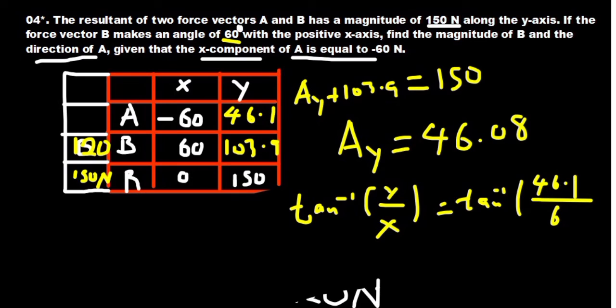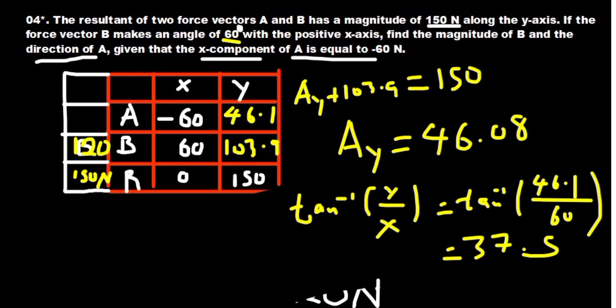I'll ignore the negative, so whatever we find there is not going to be the exact answer. Tan inverse of that is 37.5. That's not the final answer because I ignored the negative.